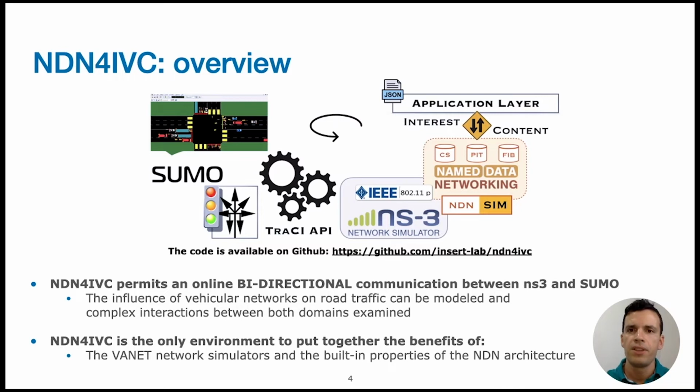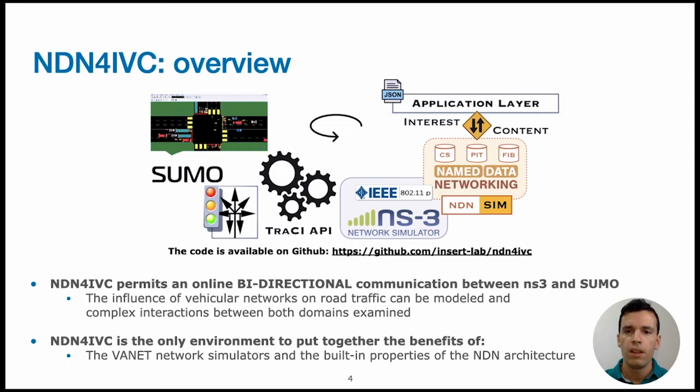NDN4AVC uses two popular simulators in the literature for VANET simulation, the network simulator ns-3 with the ndnSIM model, and SUMO, a simulator for urban mobility. NDN4AVC allows real-time bidirectional communication between SUMO and ns-3 to support more data about road traffic and vehicular mobility.